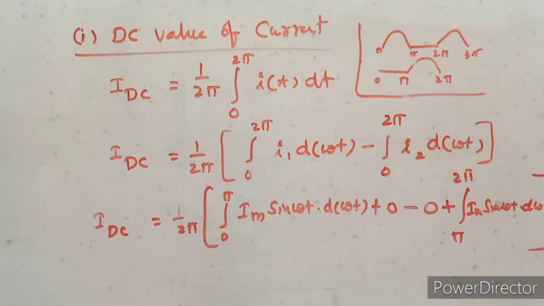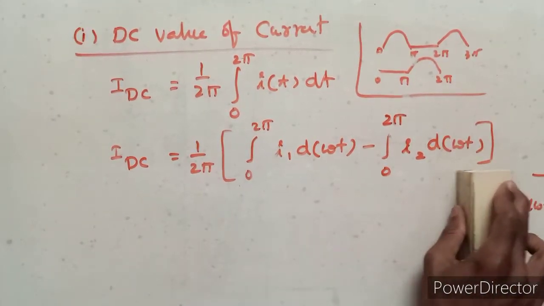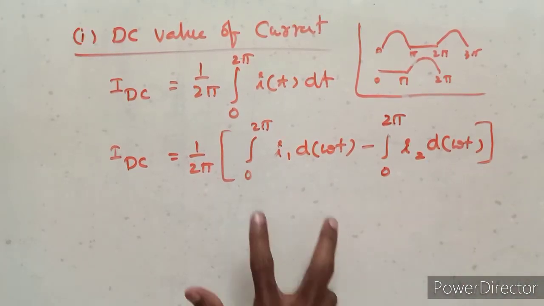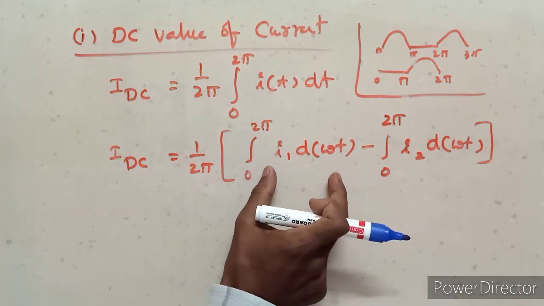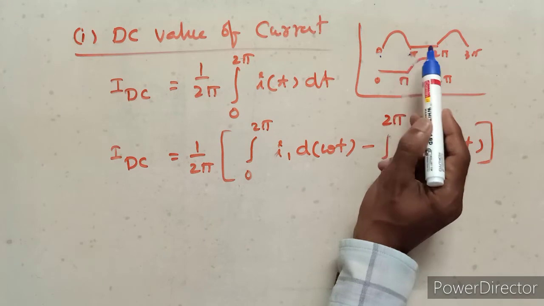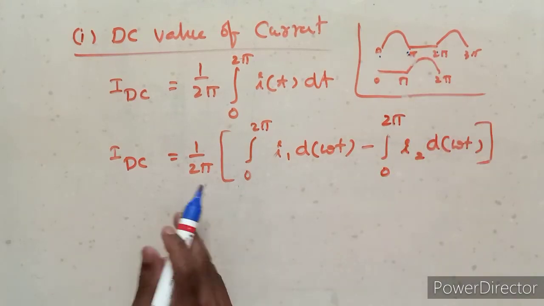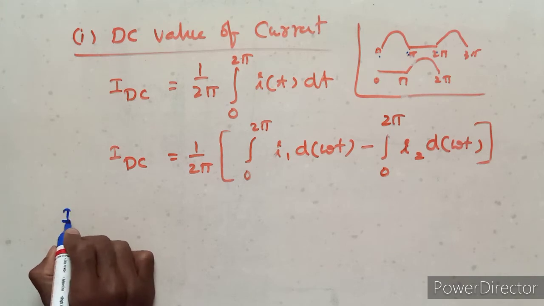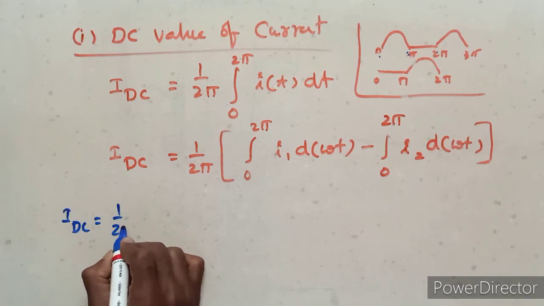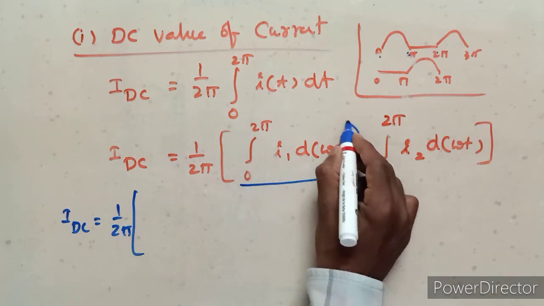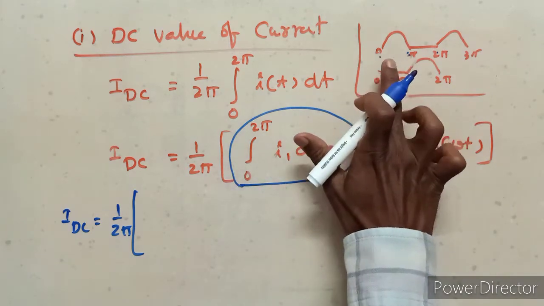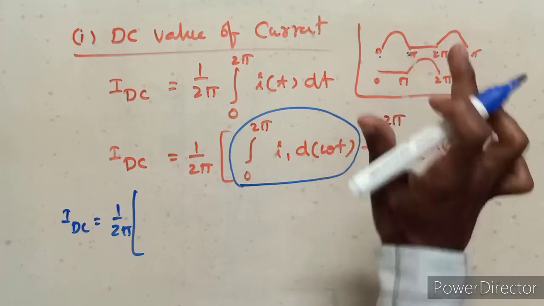Clearly observe, this is the first, the forward current, with two conditions: 0 to pi is allowed, pi to 2 pi does not allow.